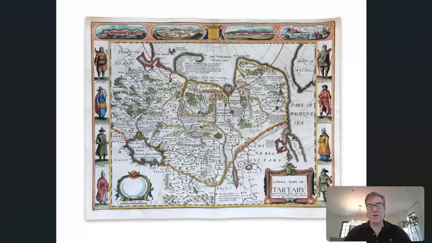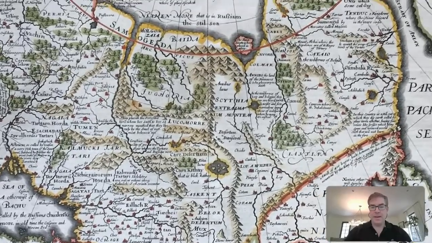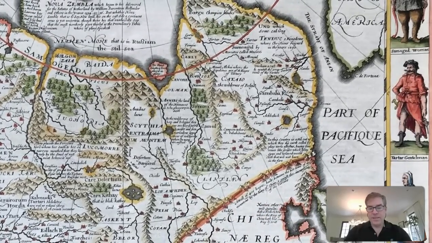But I do remember from that research a map like this that I looked at, and you can see there the Great Wall of China divided China at that time from Tartary. And you can see the Strait of Anian in the upper right-hand corner across from America.